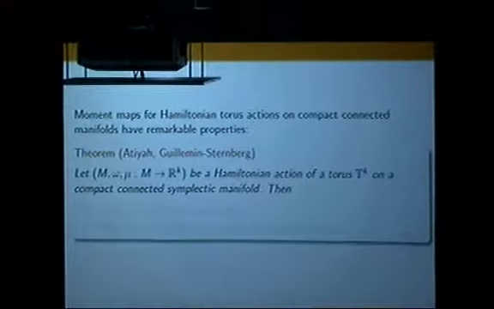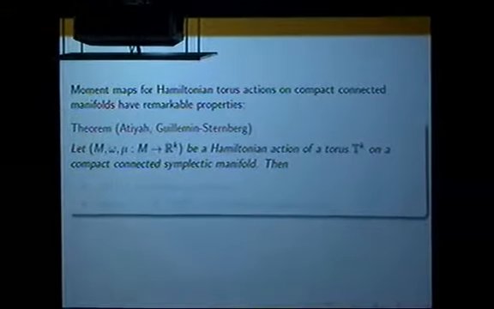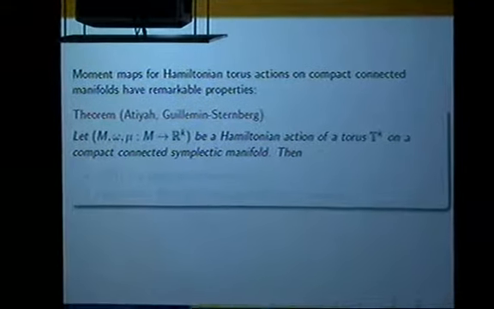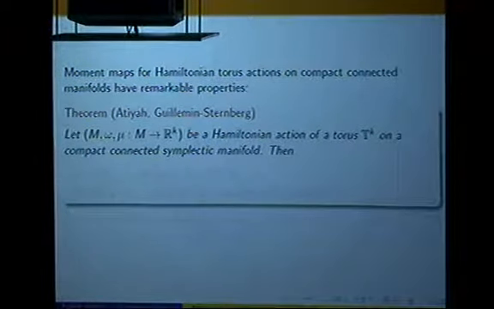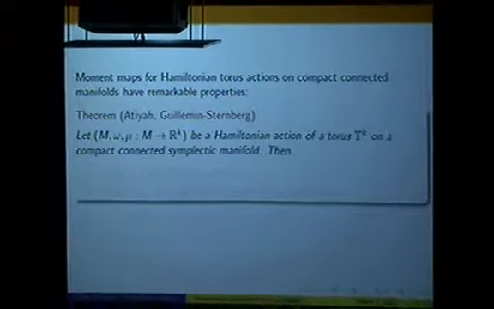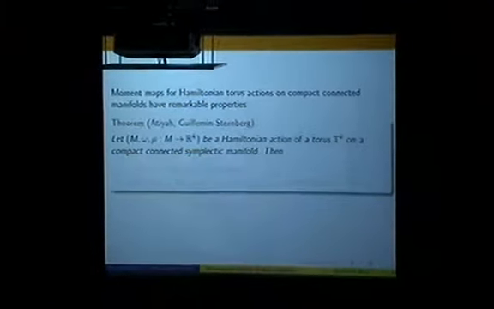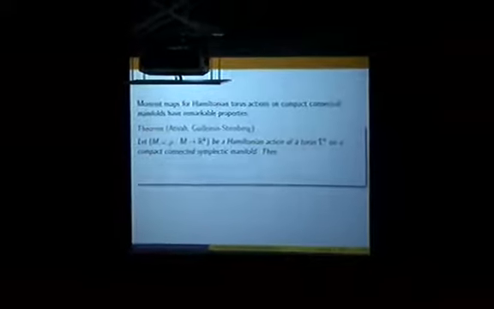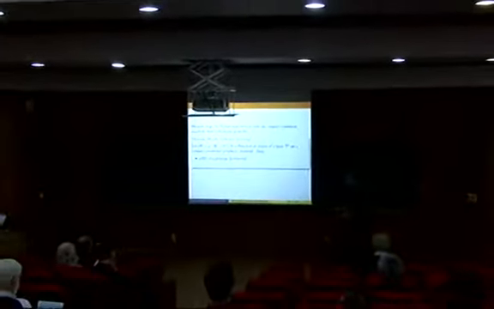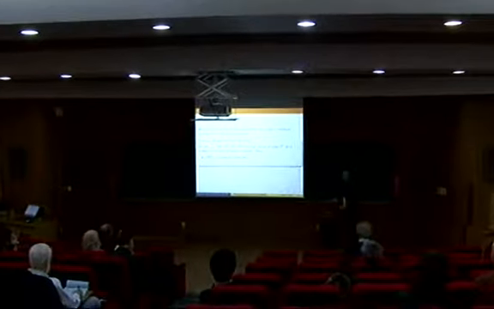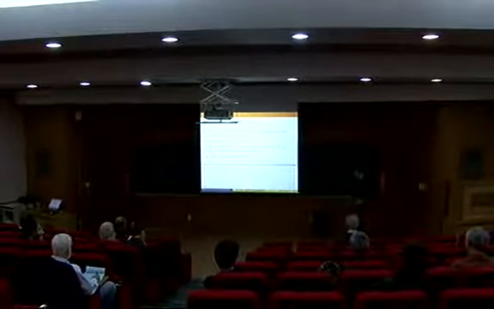So it's a theorem proved by Atiyah and Guillemin and Sternberg that if you have a Hamiltonian action of a torus, so I'm supposed to be polite and use the pointer. So these symbols stand for manifold and moment map. So if an action of a k-torus of some dimension, then first of all you have polytopes showing up, which are not necessarily simple.